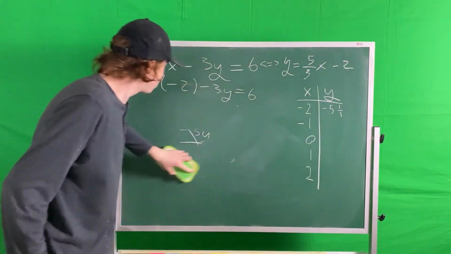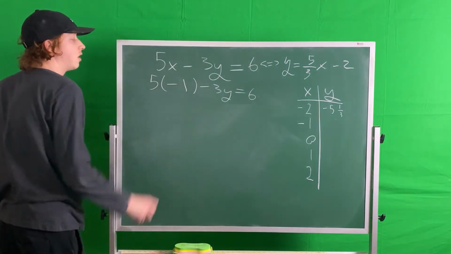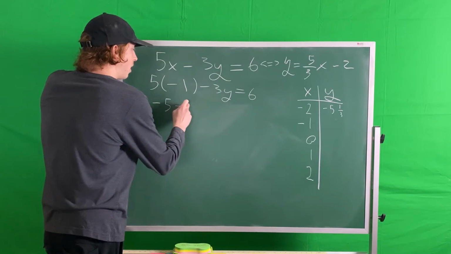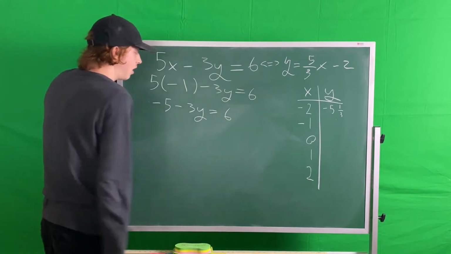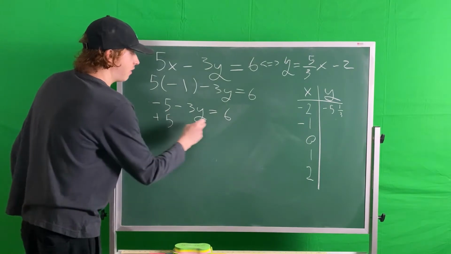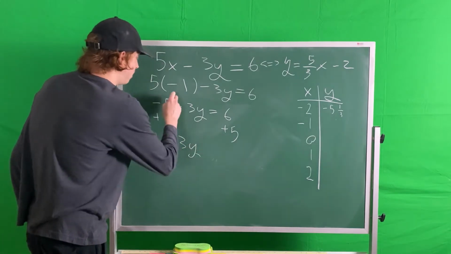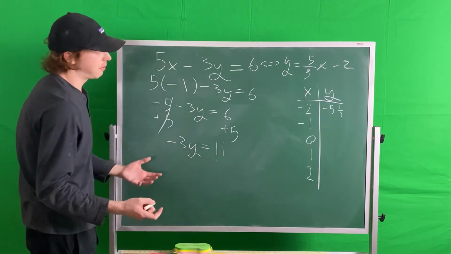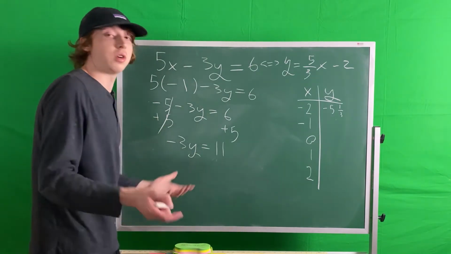At negative 1, we get negative 5 minus 3y is equal to 6. Then we add 5 on both sides, and we have negative 3y is equal to 11. I wish I picked an example that gave whole numbers, but it is what it is.